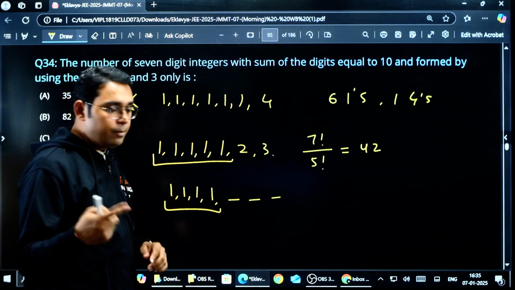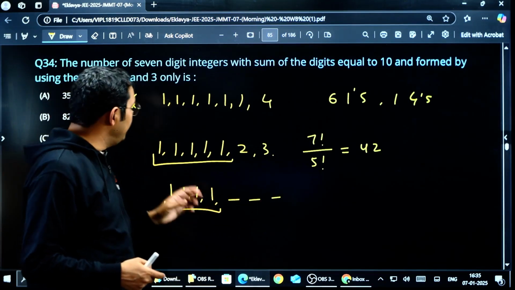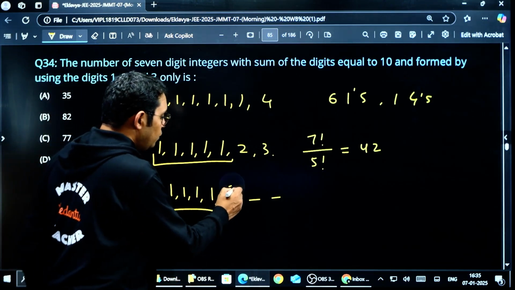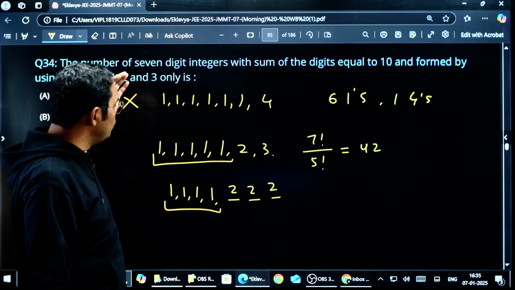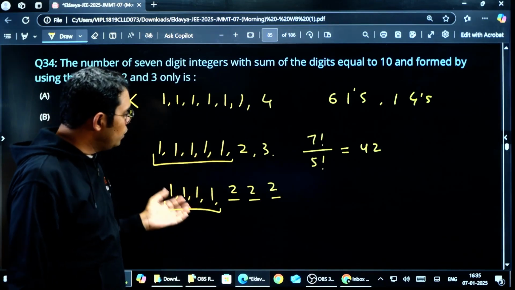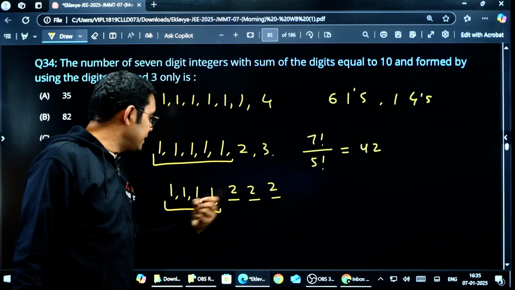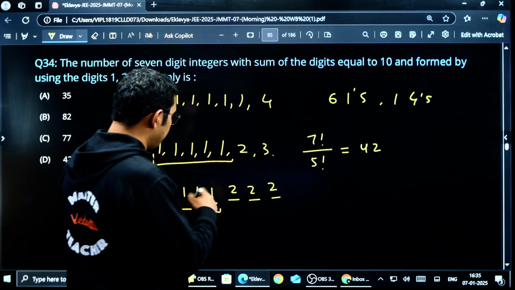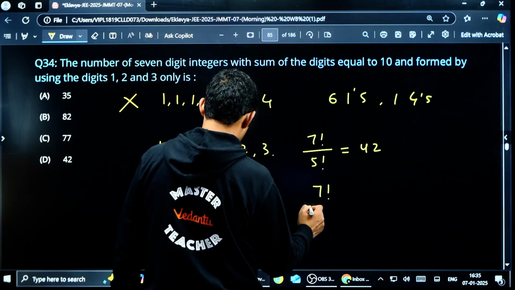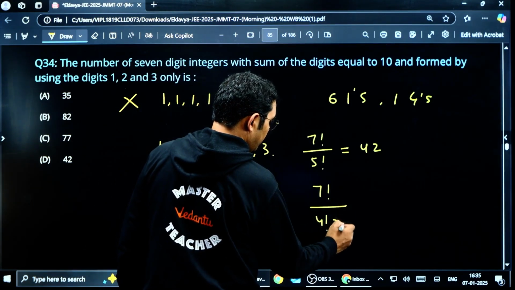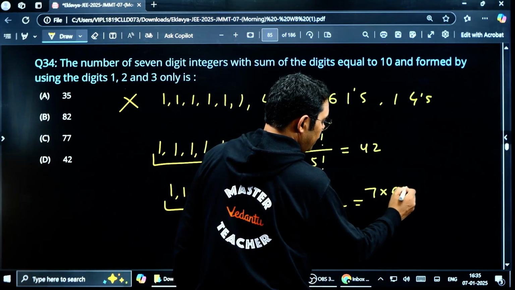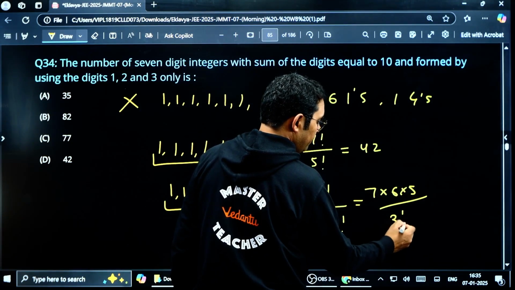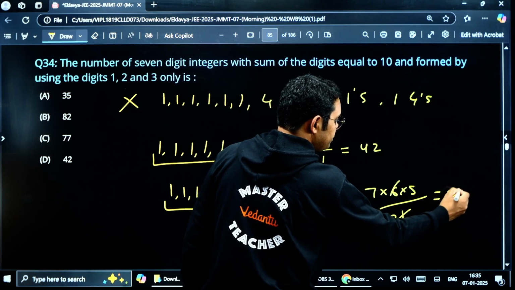So if you want the sum to be 6 from 3 digits, in which 2 or 3 can be used, I think this is only possible if you take all 3 digits to be 2, 2, 2, because even if you take 1, 3, another 2, your sum will exceed 6. So this is the only possibility for this scenario. 7 factorial upon 4 factorial and 3 factorial. I think that is 7C3 only. That is 7 into 6 into 5 upon 3 factorial. So this gives you 35.